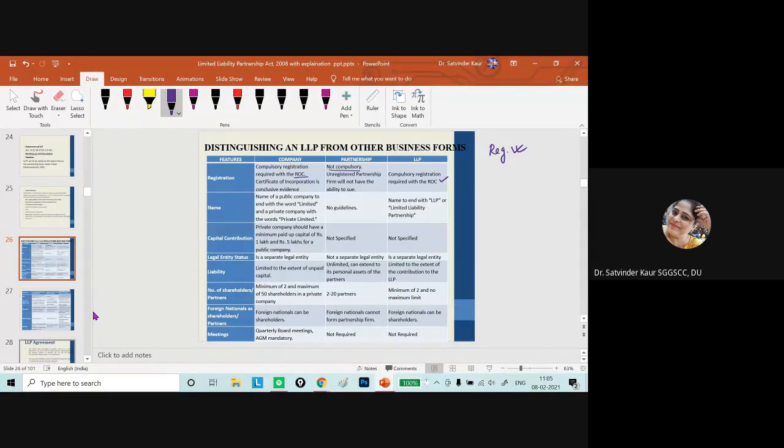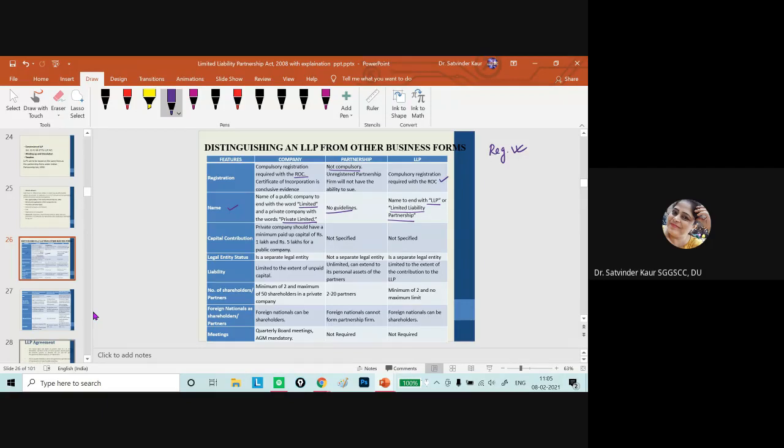If we talk about the name of a company, if it is a public company, it will use the word Limited. If it is a private company, it will use the words Private Limited. With respect to the partnership, no guidelines are there. And in case of LLP, it is required to use LLP or Limited Liability Partnership with its name.